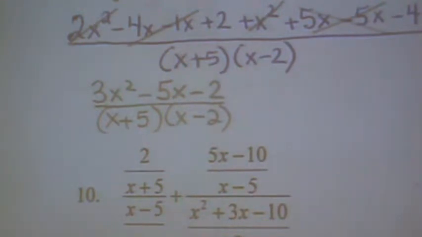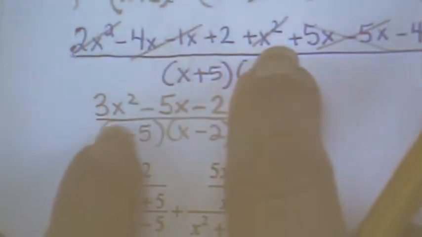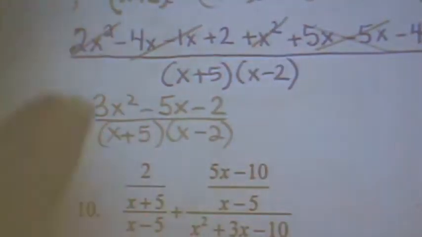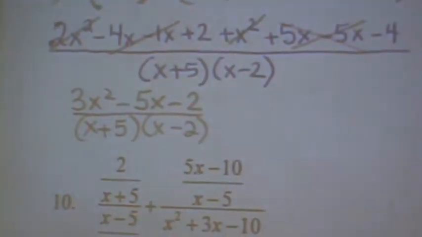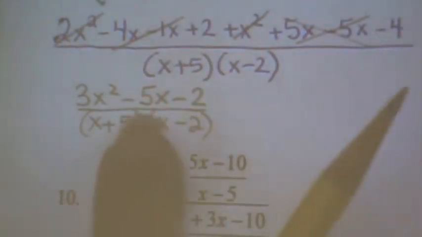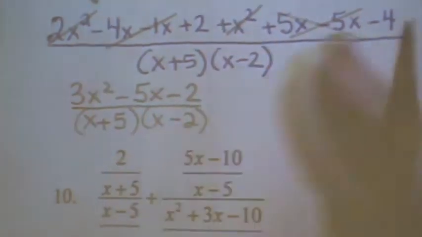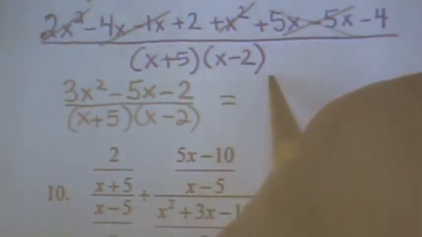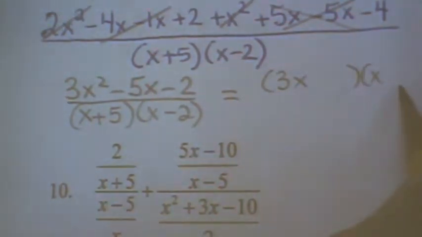How'd you cancel out the 2x squared? This, I just added 2x squared and 1x squared is 3x squared. And I just canceled them out just to show that I'm done with them. Now, I bet you one of the factors up here is one of these, x plus 5 or x minus 2, is it? Probably 3x.